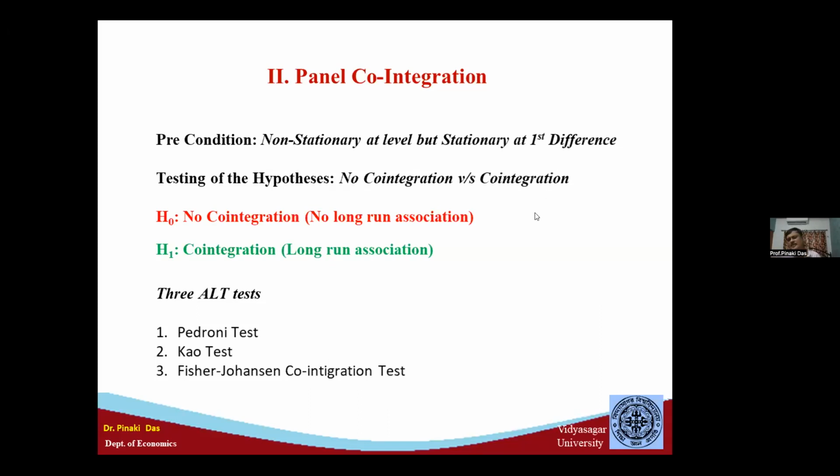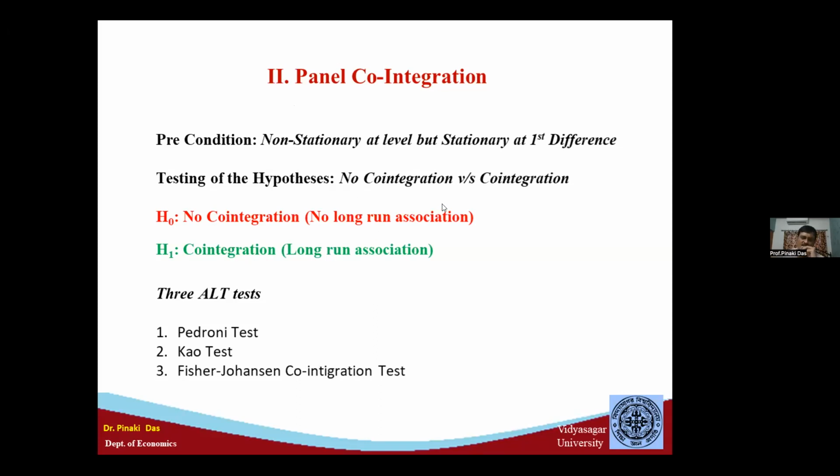Some variables may be stationary only after transforming at the second difference. In the panel co-integration test, our null hypothesis is no co-integration, and the alternative hypothesis is co-integration. No co-integration means there is no long-run association between these two variables, and co-integration means there is long-run association.